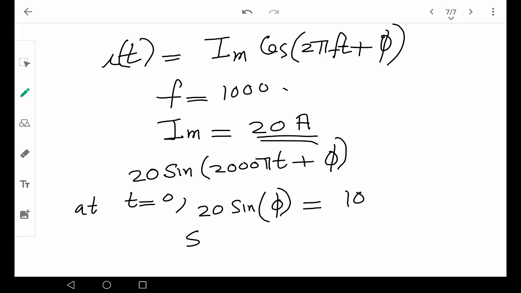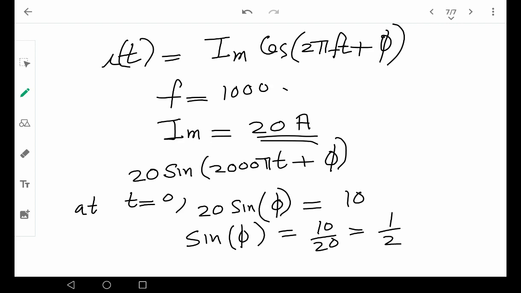So you can say sine phi equal to 10 by 20 equal to 1 by 2, right?